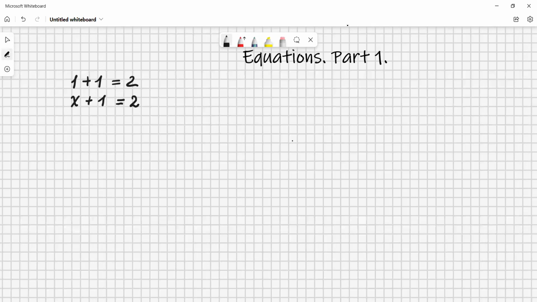Variable means that we don't actually know the value of x, but we are searching for a solution. A solution of an equation is a value of x which turns this equation into a true statement.